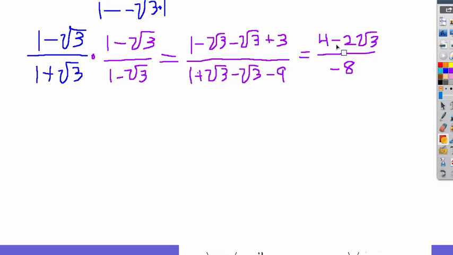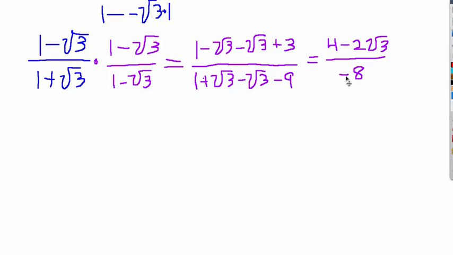Couple more steps to try to clean this up. My preference is not have a negative in the denominator. All of these are divisible by definitely 2. So I'm going to divide every single term by negative 2.